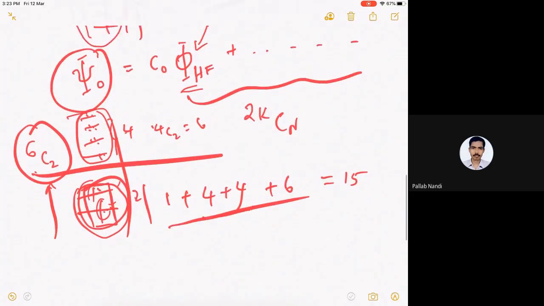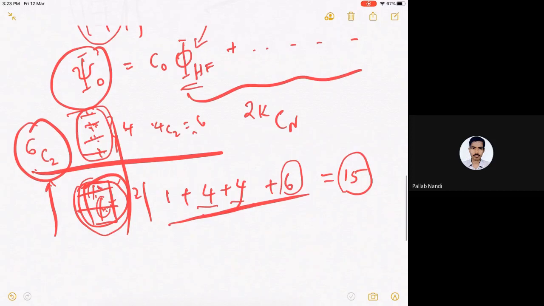Then another set can be obtained by lifting any one electron from here or here to any of the 4. So how many will I get? 4 plus 4, 8. One of them will remain here, one of them will go here. Then both can be lifted. So I will have 4C2, that is 6. You add this up, you get 15. Right?